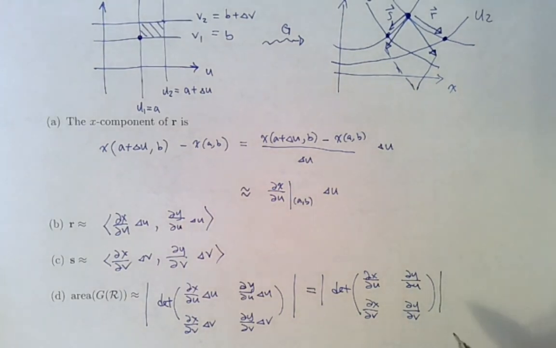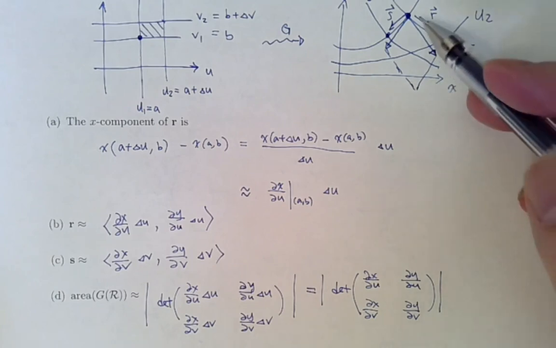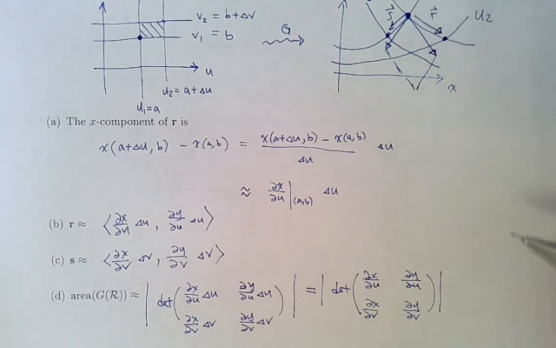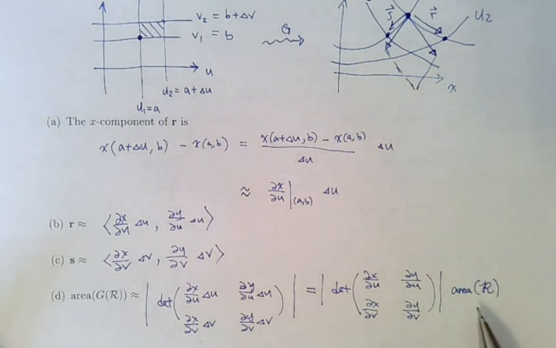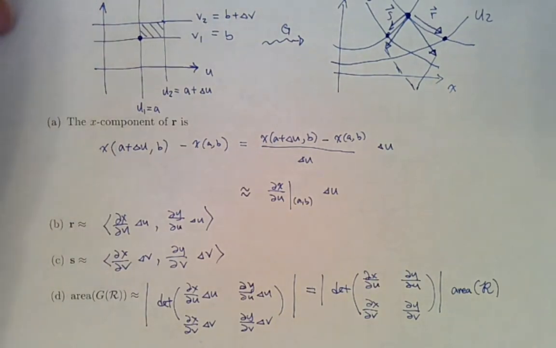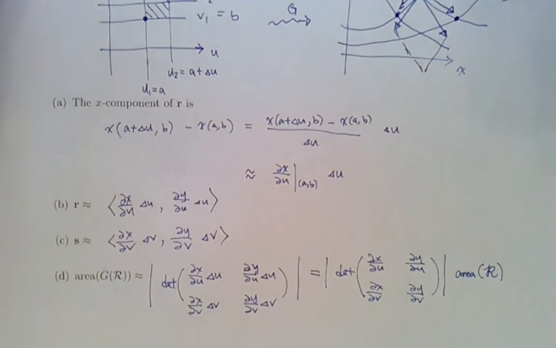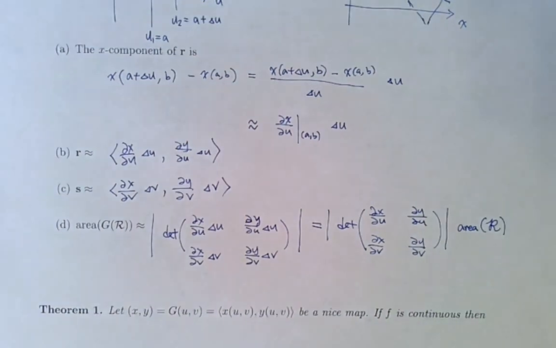That determinant, the absolute value, could be negative and just off by a sign if we flip it around, times the area of r. Again, we get the area of r to come out from the delta u and delta v. So here, this expression is the one that keeps popping up. We're going to give it a name, and that's going to be part of this theorem.